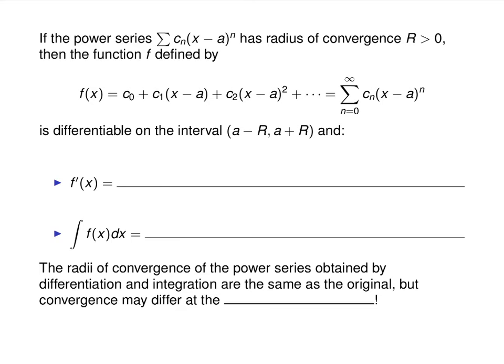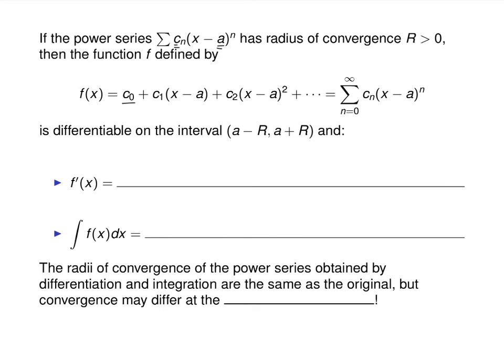So if the power series has radius of convergence r that's bigger than 0, then this function is differentiable and continuous on the interval a minus r, a plus r. I'm sorry, I just transposed those. We've usually been using a's for those and c's for those, but it doesn't matter. So anyway, if you differentiate this thing, let's do it on a term-by-term basis and look at what happens.